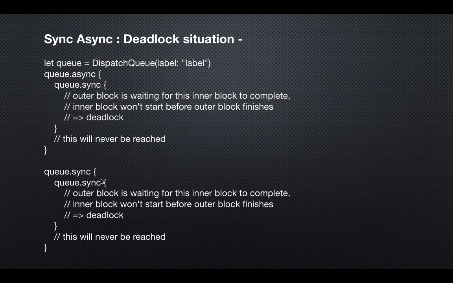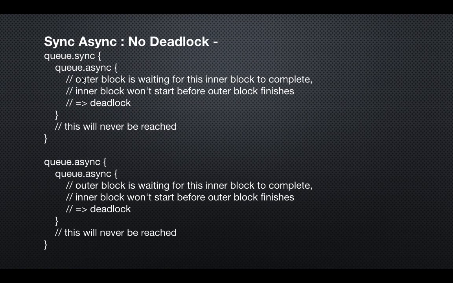So whenever you call a synchronous operation inside a queue which is either synchronous or asynchronous, it will create a deadlock situation. Whereas if you call asynchronous inside sync or async, it will not create the deadlock situation. I did not update these, I just copy pasted from here to there, but in this situation it will not create the deadlock situation.